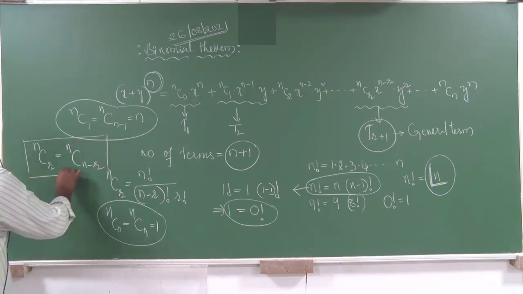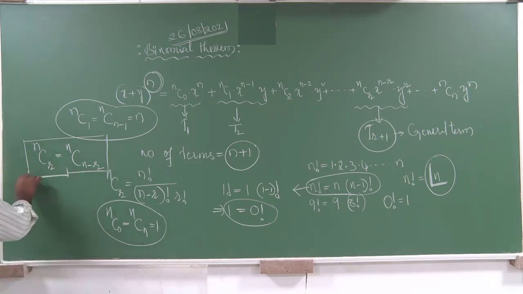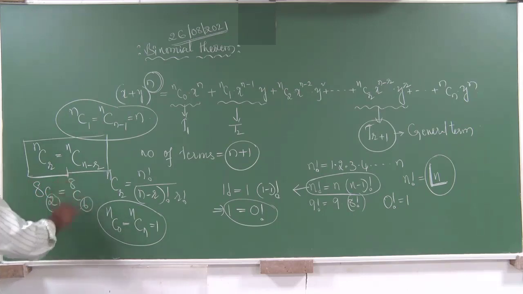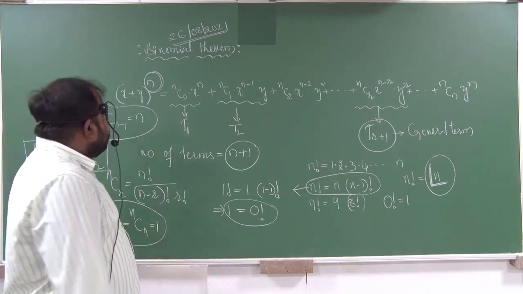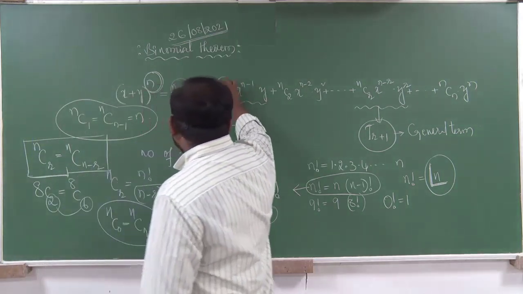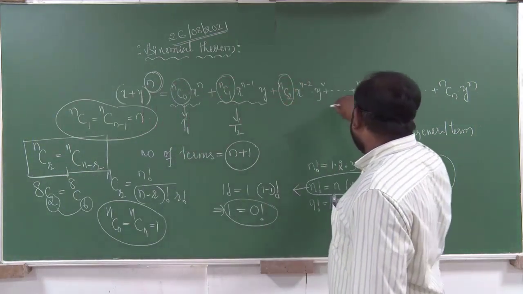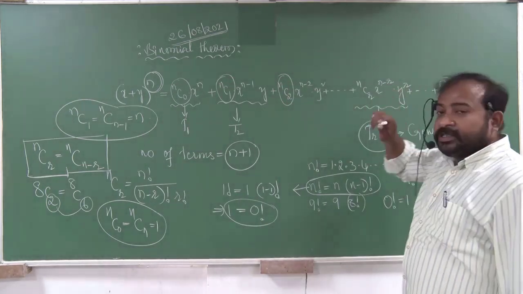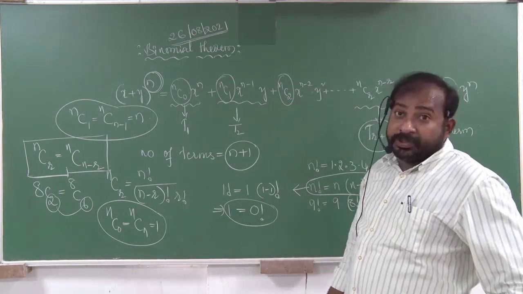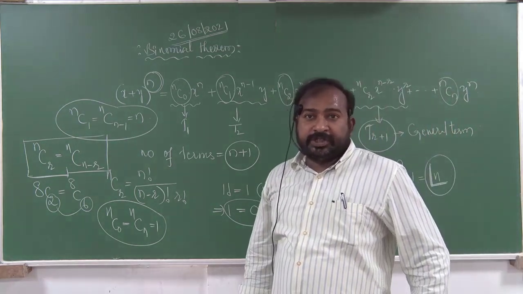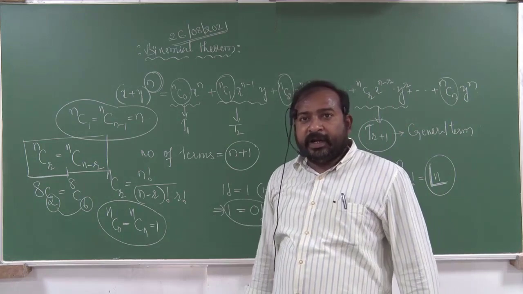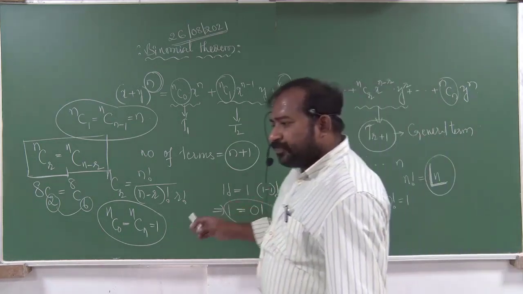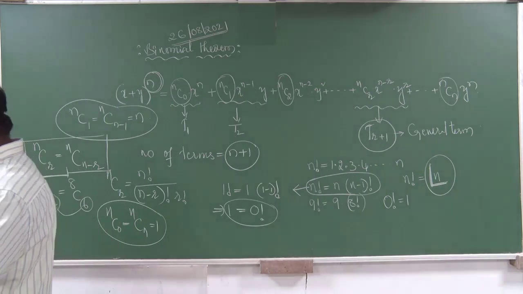Based on this formula, for example, 8C2 is nothing but 8C6. If you add these two quantities, you will get the n value. All these concepts we gave, and these nC0, nC1, nC2, so on nCn, are named the binomial coefficients. That point I also already gave. So this is the basic data in the binomial theorem.